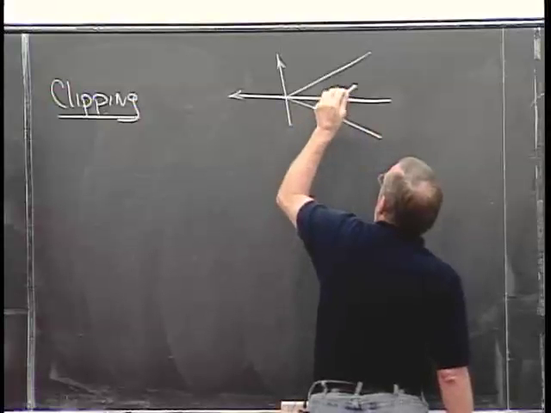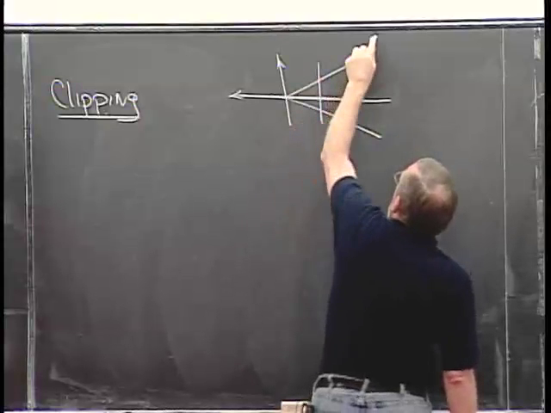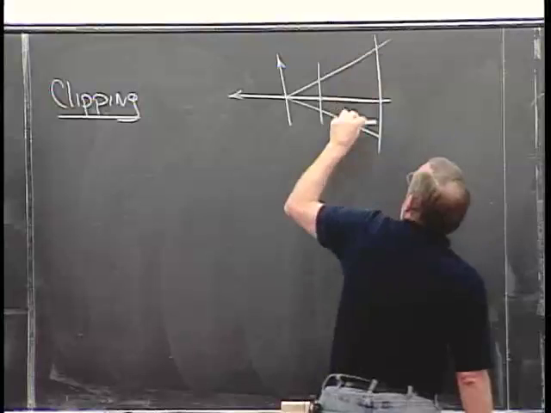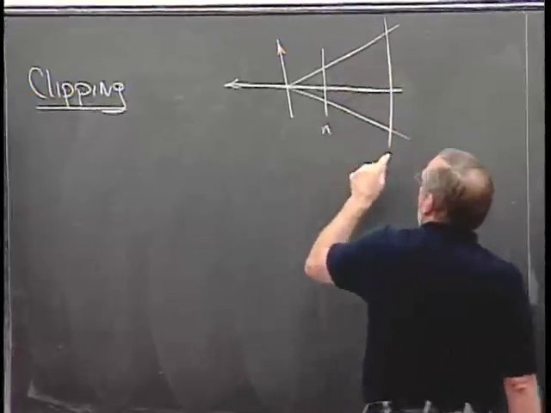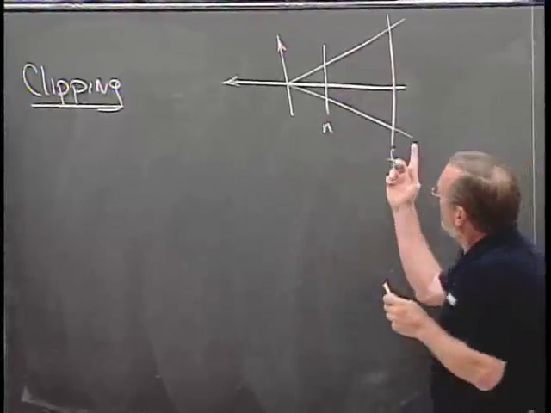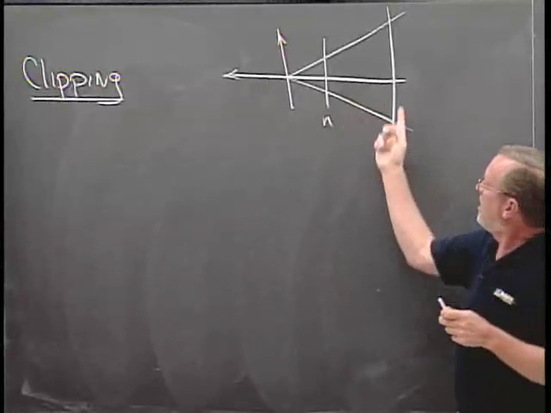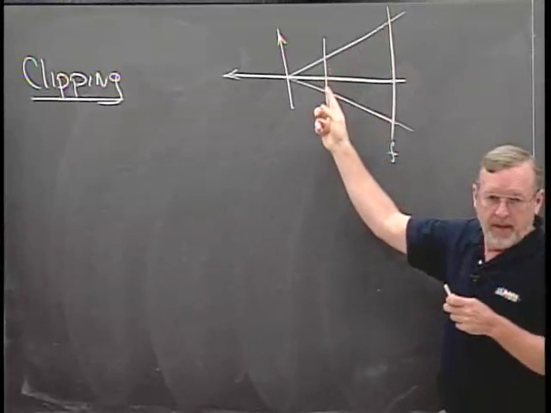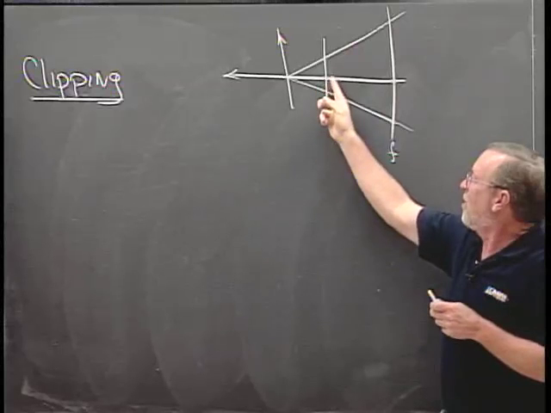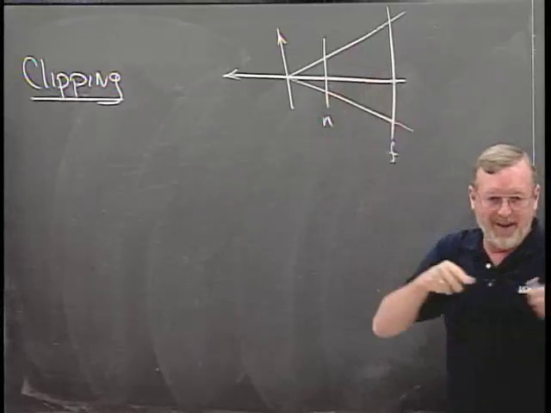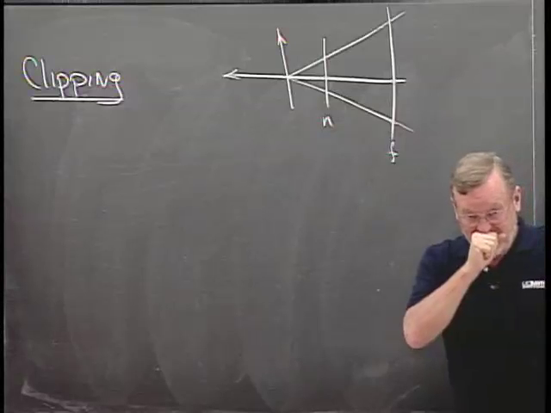Here's our camera sticking out the negative z-axis with near and far, right? And what we're going to do is take this truncated pyramid and move that into image space, okay?